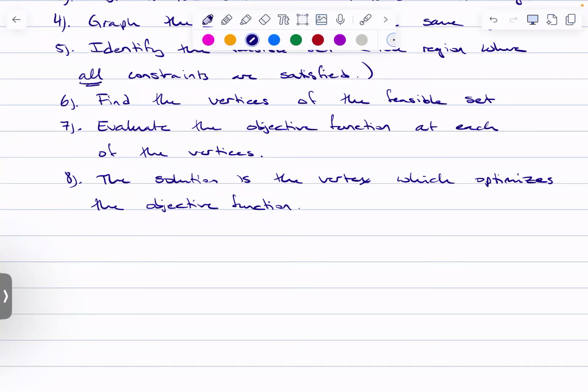Because it's true for either the maximum or the minimum, right? The rules are the same. It's just in the end, when you're evaluating which one you want, you don't want to maximize the cost, for example, you want to minimize the cost, right? And so then you want to pick the cost that's the lowest if that's your objective function.